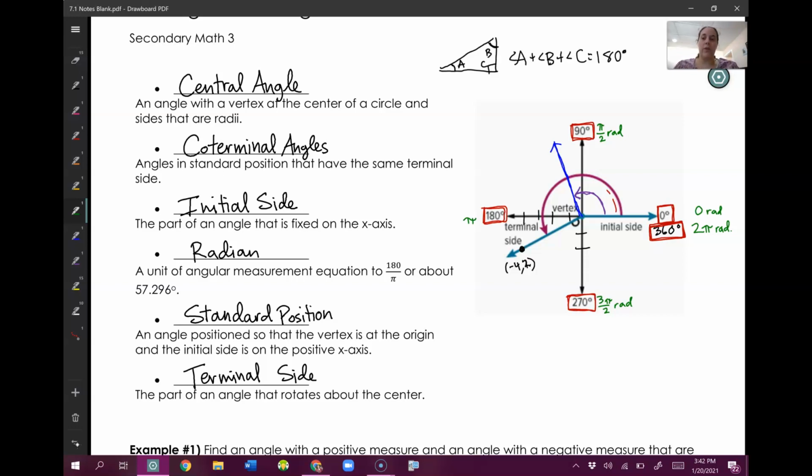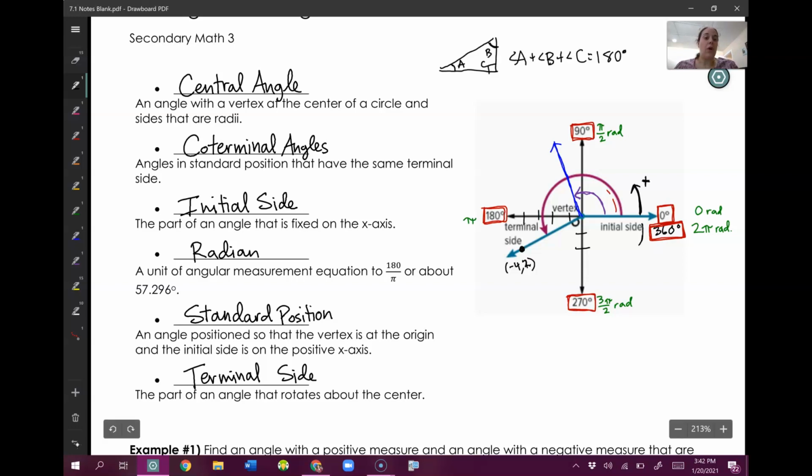Last vocabulary word is this coterminal angles, which are angles that have the same terminal side. So this is one where we have to start to talk about direction. Now, if we go in a counterclockwise direction, like these two purple arrows here, that is known as the positive direction. So any angles that go this direction are positive.